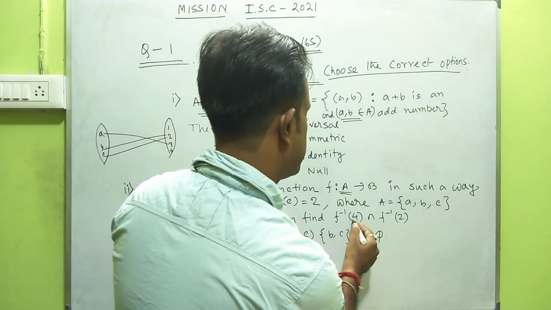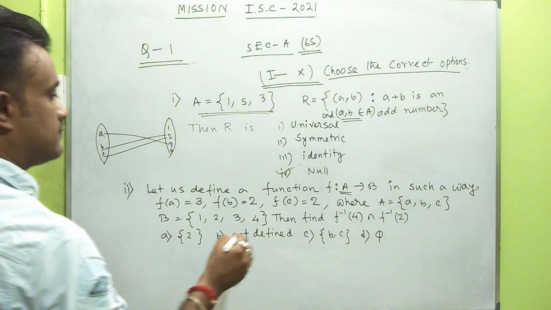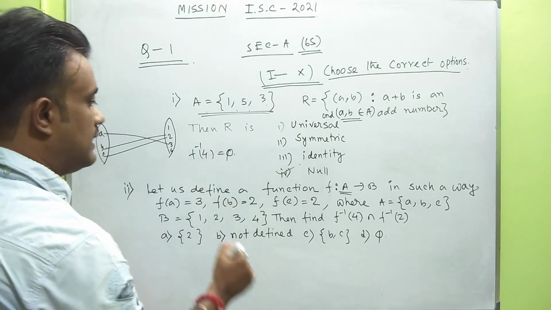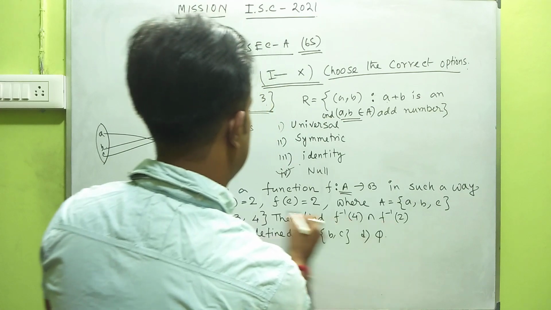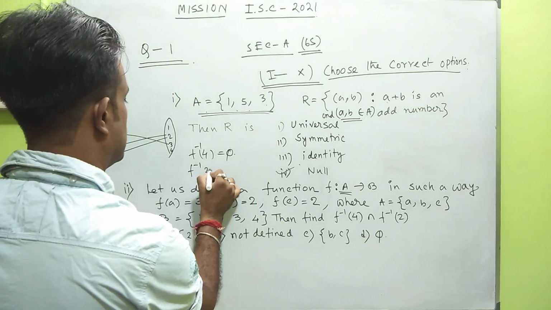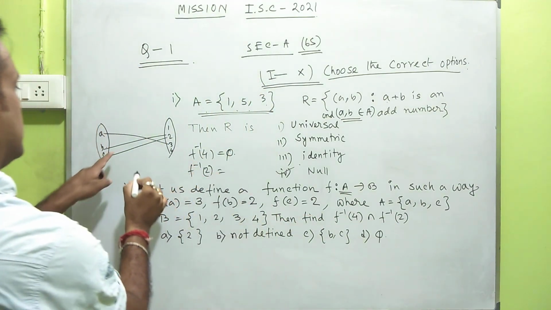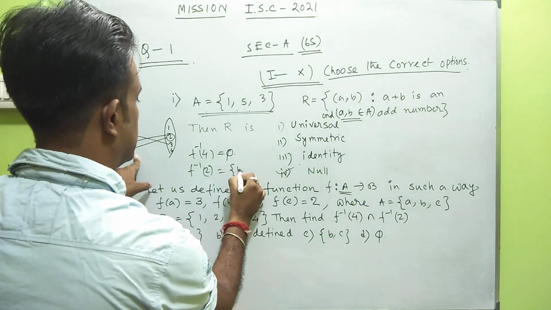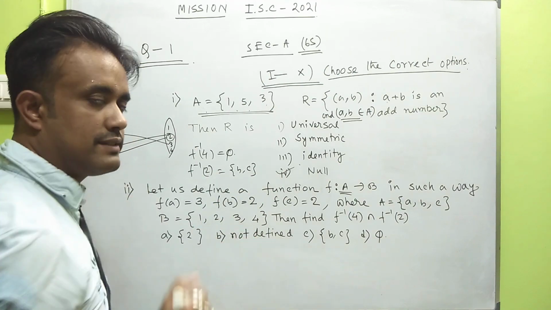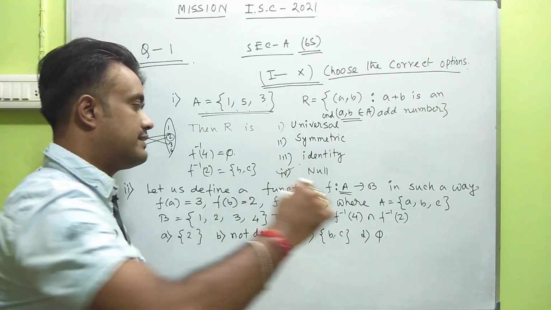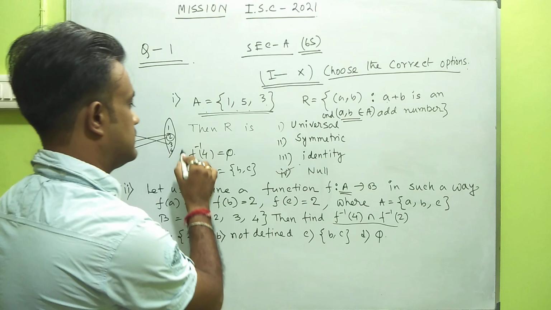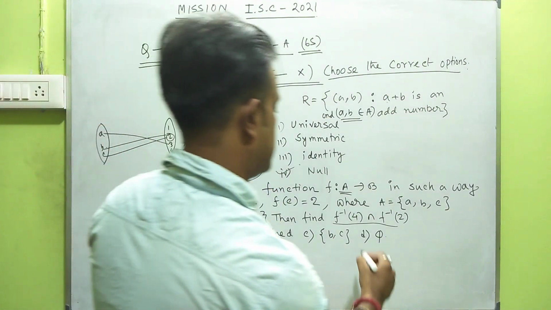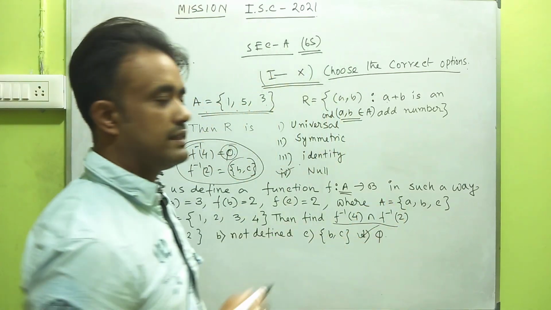So f inverse of 4 is null, and f inverse of 2, the preimage of 2, is b and c. So the intersection of this and this will be a null set.